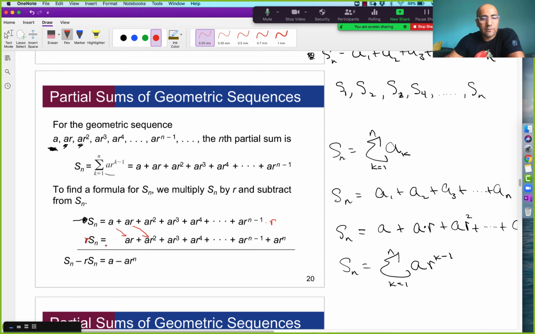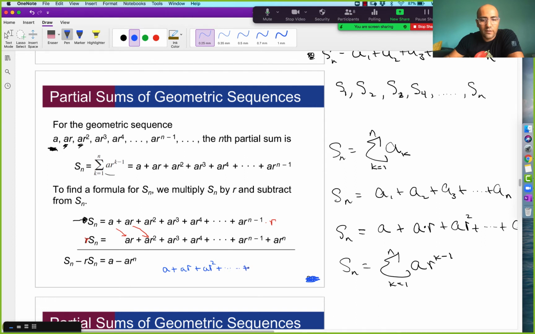So now if we subtract them in this order, S sub n minus r S sub n, then I'm going to subtract them on the left-hand side in this order. And so I'll take all of these minus all of these, and a lot of them will cancel, sort of pair by pair. Here, let me expand that this way. So this is saying if I take this whole set, which is going to be A plus A r squared plus dot, all the rest, right?